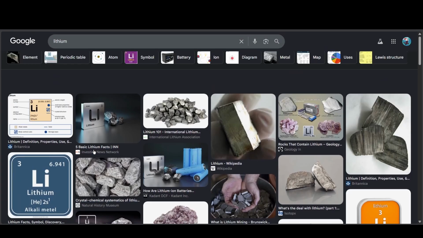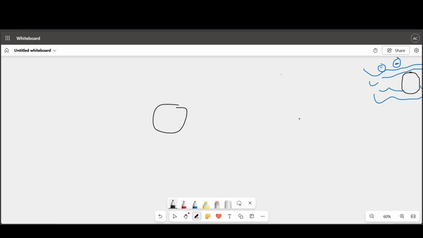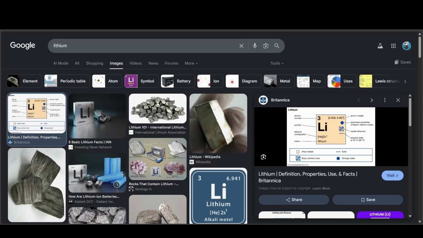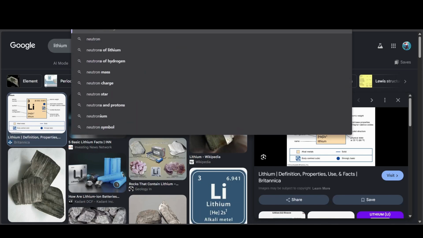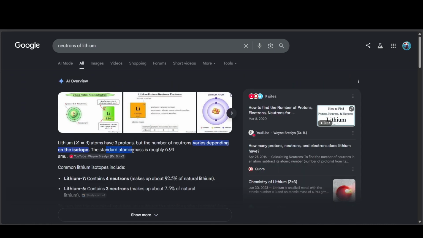Apparently, hold on, let me just search up the neutrons of lithium. Lithium atoms have 3 protons, but the number of neutrons varies depending on the isotope. The standard atomic mass is roughly 6.94.